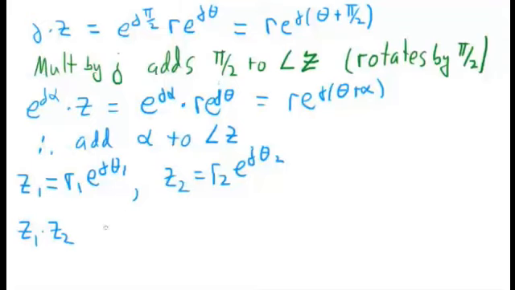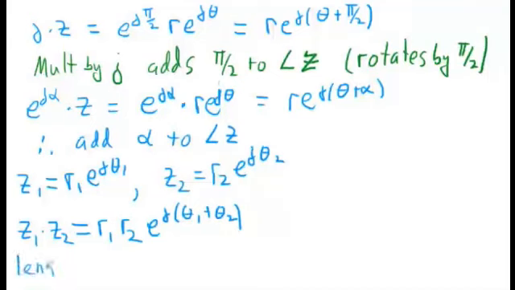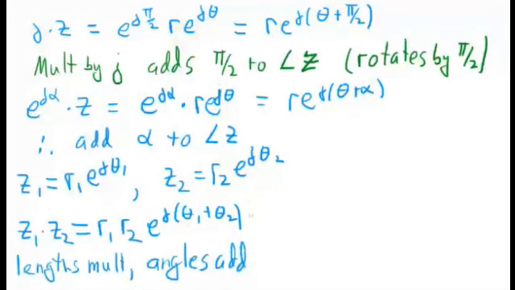You get r1 times r2. Those are the magnitudes multiplying. Then when you multiply the exponentials, the law of exponents gets us j theta 1 plus theta 2. Lengths multiply. And angles add. That's the theta 1 plus theta 2.